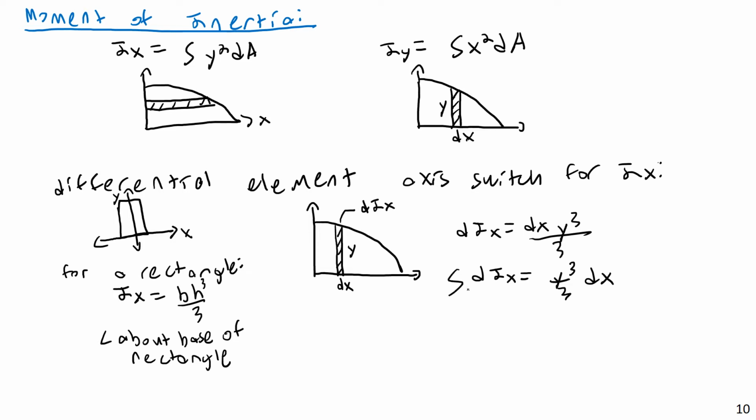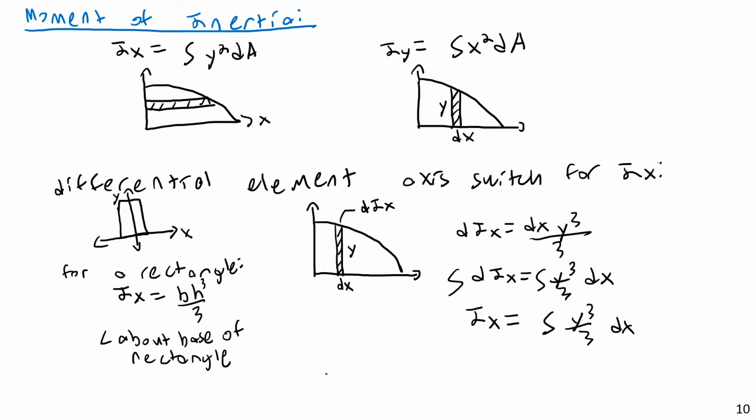So if I integrate both sides of this, the integral of dIx is just Ix, the moment of inertia with respect to the x-axis, and that would just be the integral of y to the third over 3 dx, again putting in our actual function in terms of x as a replacement for y. So this is a way of getting both moments of inertia using a vertical differential element.